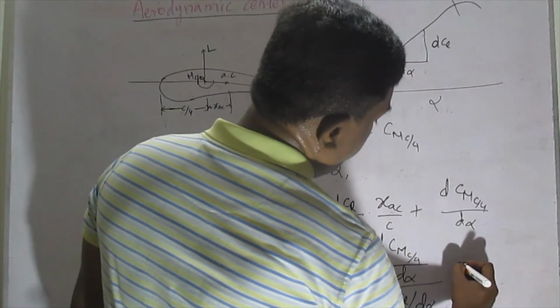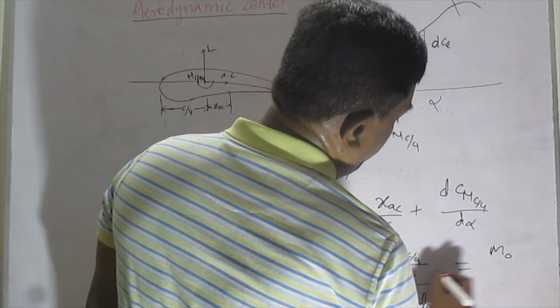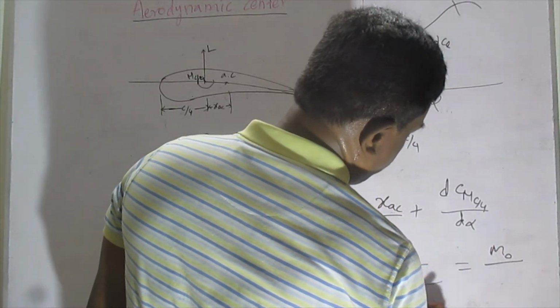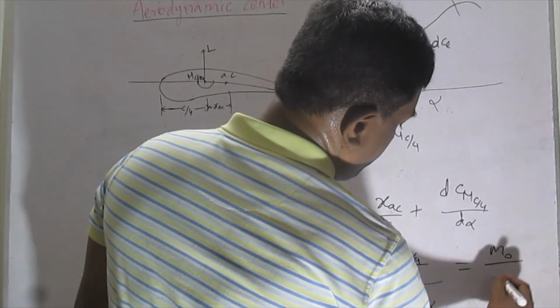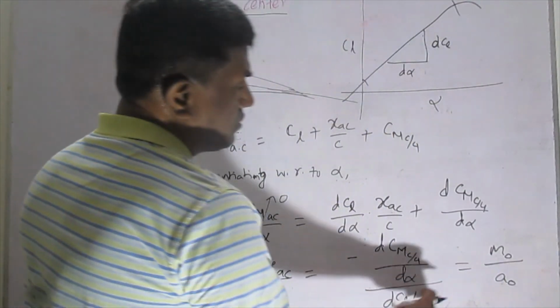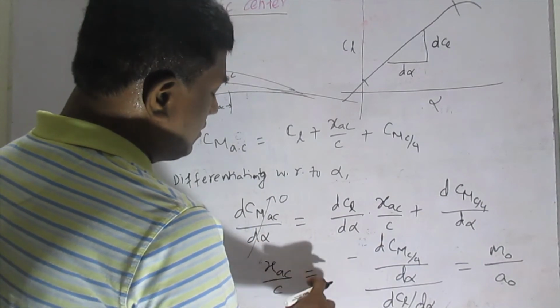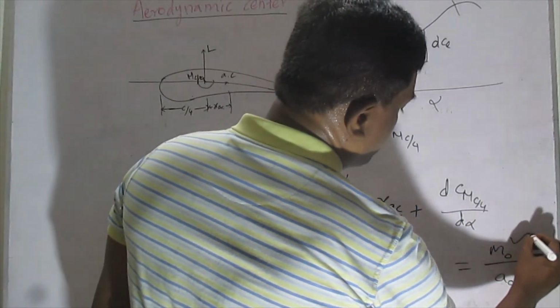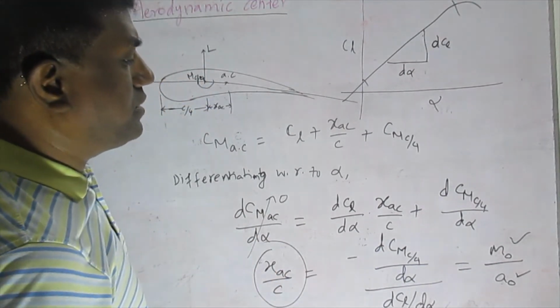We can write it as m naught by a naught, the lift curve slope. If these two values are constant, then our aerodynamic center also will be constant.